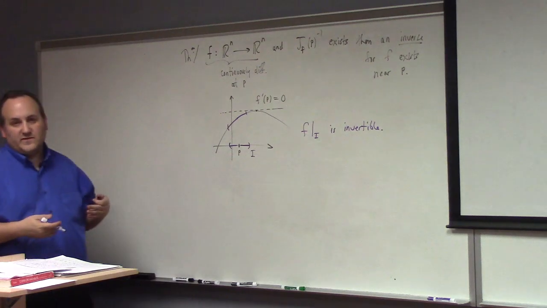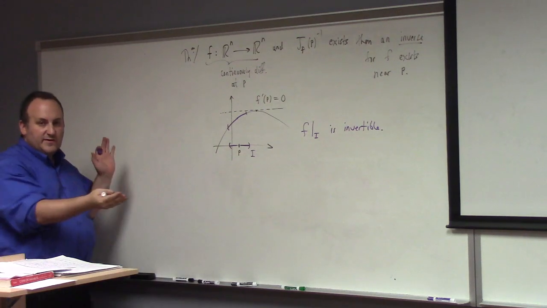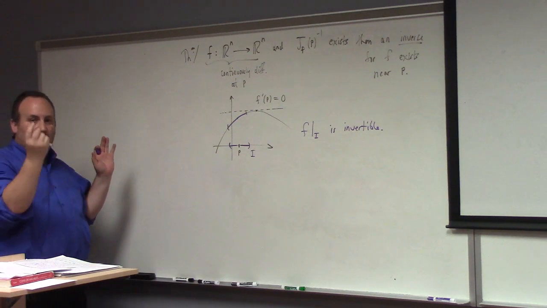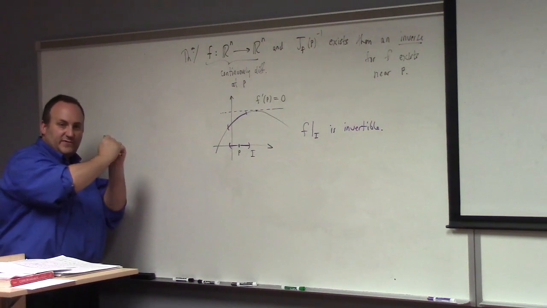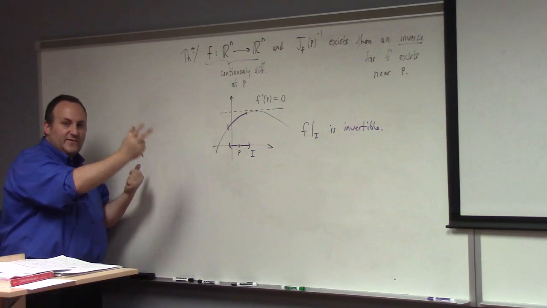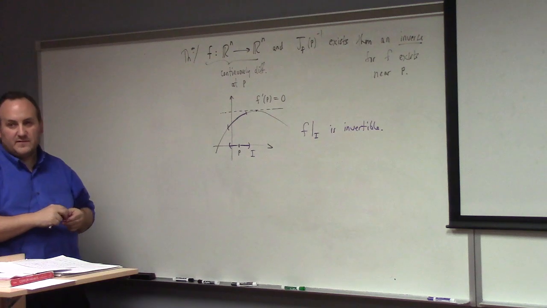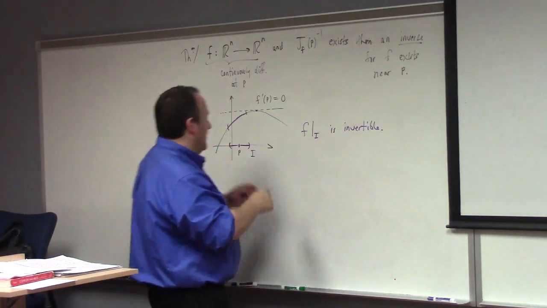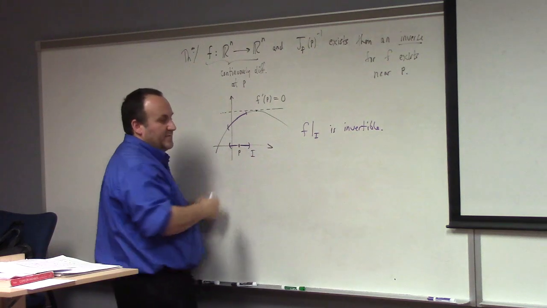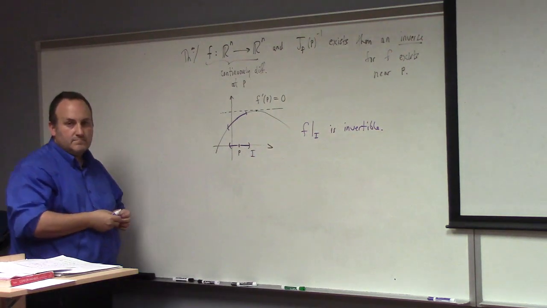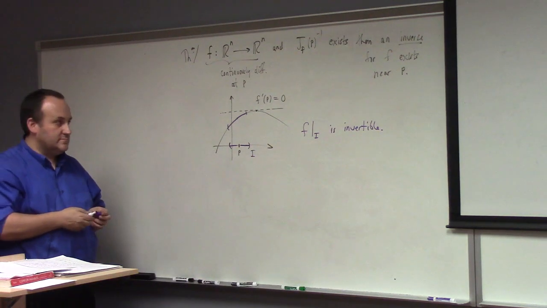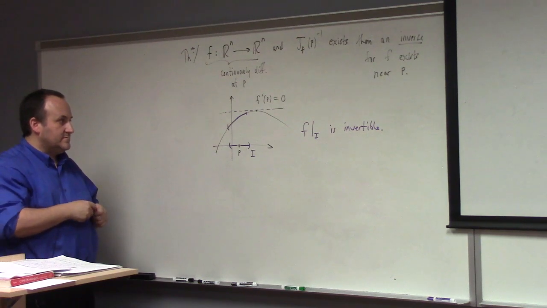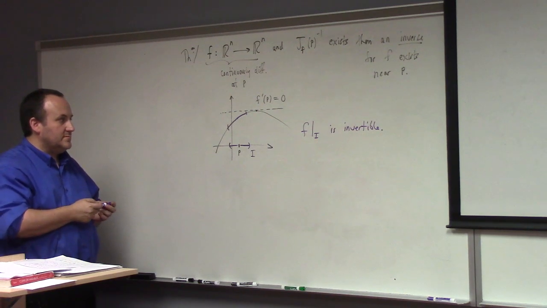A local inverse is when you have a function which is not globally one-to-one, but you can restrict the function such that the restriction is one-to-one. You find the inverse there. It's not the inverse for the whole function, just for part of the function. Local means close to the point, as in there exists an open set, and that kind of thing.